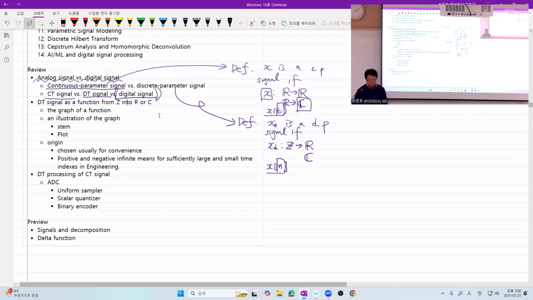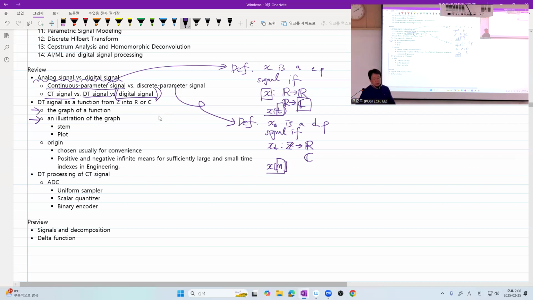And we've seen the notation. And here come two definitions. One is: what is a graph of a function? And what is an illustration of the graph?